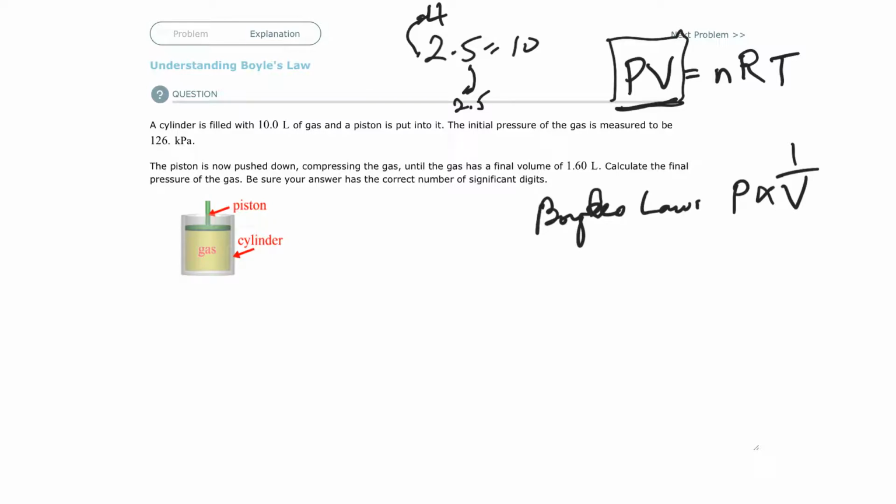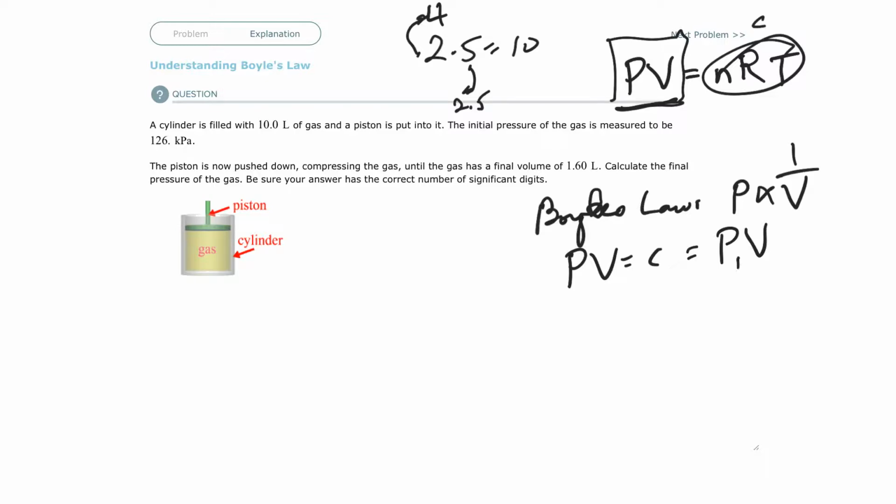That being said, I can make a formula out of this. I can simply say all this here is a constant: PV equals some constant. If I change P, make it go up, and the volume changes correspondingly, it's going to stay equal to that constant.